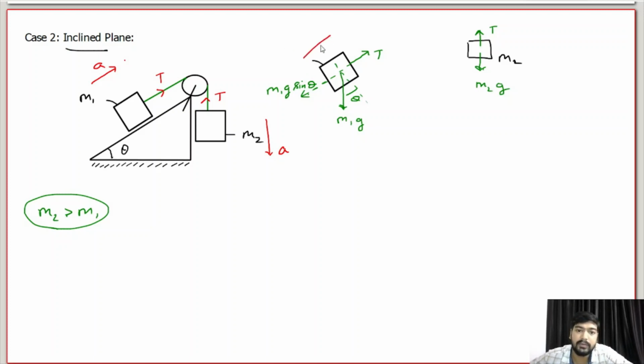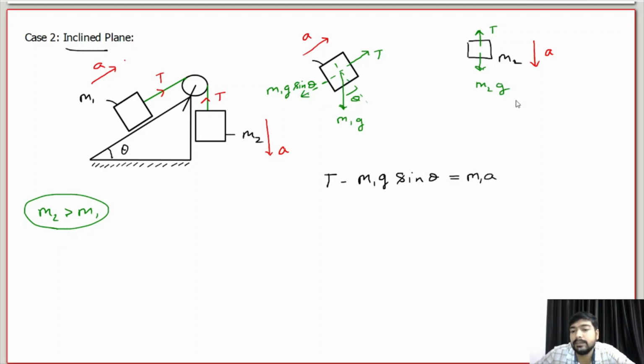Okay, so that means this block is moving upward in this direction with the acceleration a, and this block 2 will move downward with acceleration a. So we will write the equation here in the direction of motion. Supporting force is T, I will take it positive, minus opposing force m1g sine theta equals mass m1 into that acceleration.